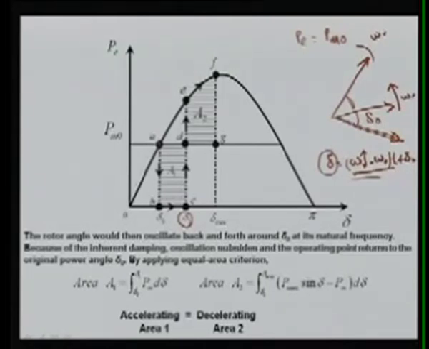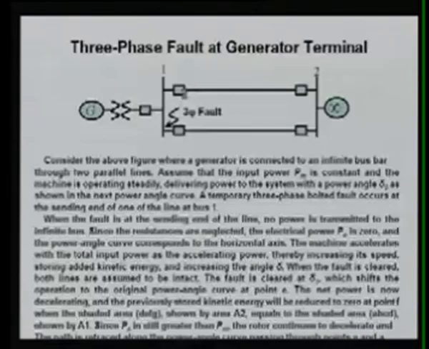Here PE is 0. So this PE was running at this point, suddenly due to the fault the PE becomes 0, this is your 0 PE, this is the PE axis, and once the fault is cleared, it will again follow the PE curve, which is a function of sine delta. So it is coming to your E point.